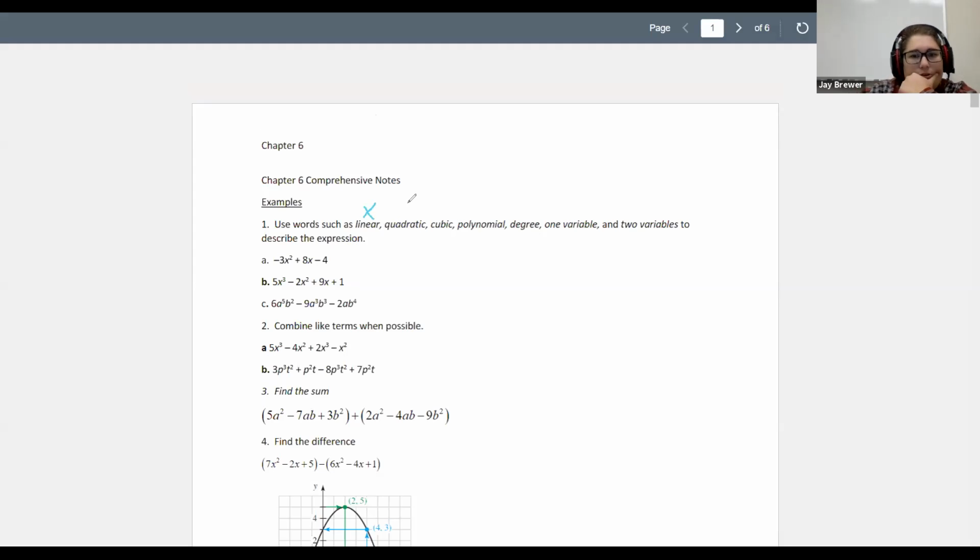Does anyone know what the term quadratic means? Well, it would mean that the x is squared, and so there's like the positive and the negative numbers because of how that works. Yep, so quadratic is x squared.